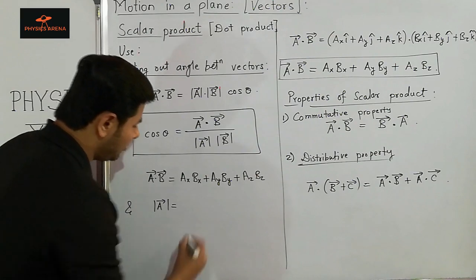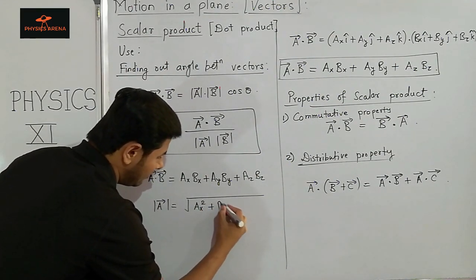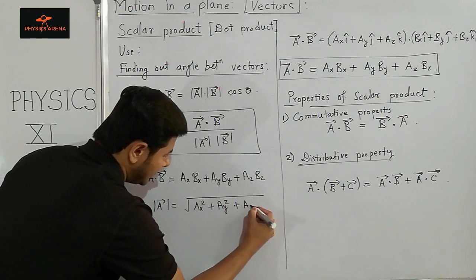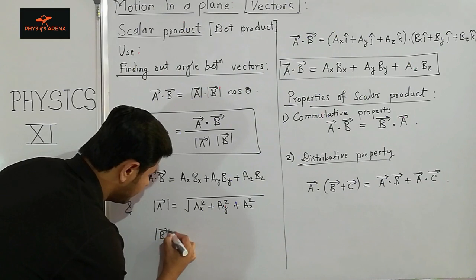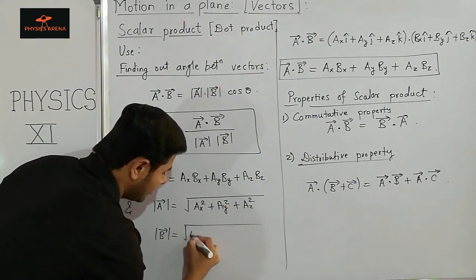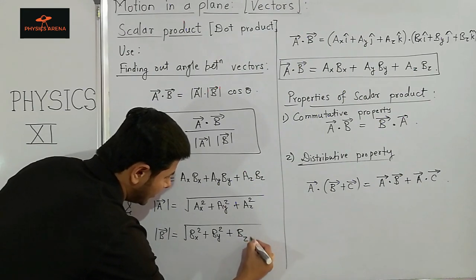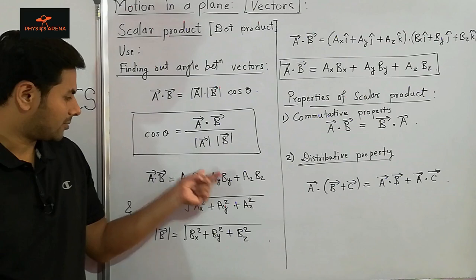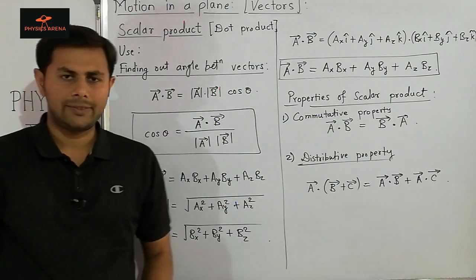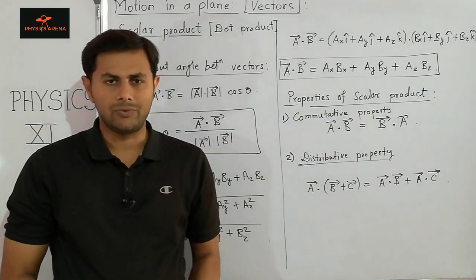So magnitude of A is square root of ax square plus ay square plus az square, and magnitude of B is square root of bx square plus by square plus bz square. Okay, so we'll substitute these values, and then this is how we find the angle between two vectors.